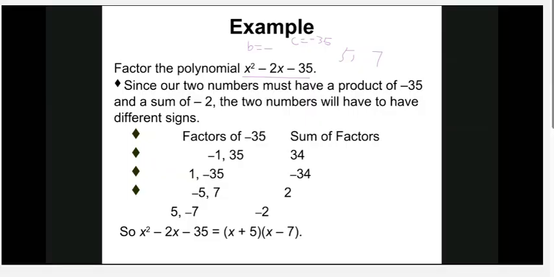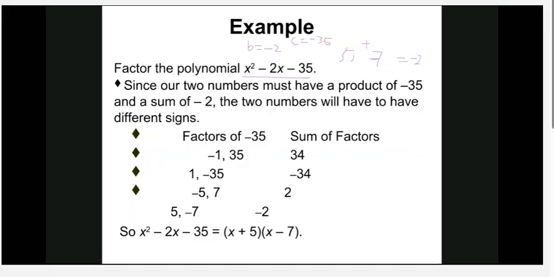So that means I will have to make one number positive, one negative, in order to multiply to be negative. But since b, the middle term, is also negative, I want to let the big number be negative. So look at that, these two add up together, we are equal to negative 2, okay?